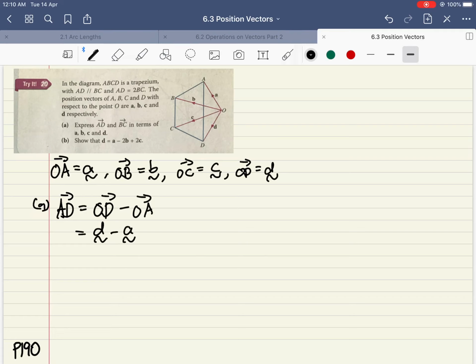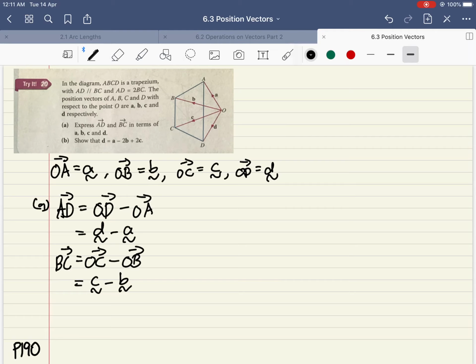So in this case, what we get is D minus A. Similarly for BC, BC is OC minus OB. So what we have here is the vector C minus the vector B.